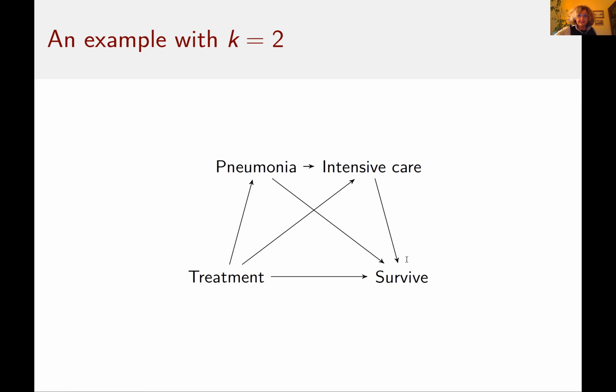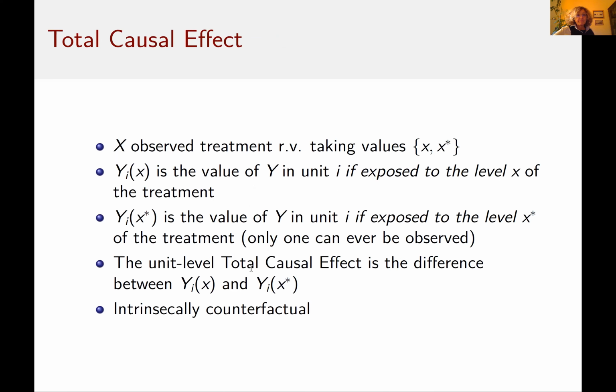So this is a very simple example, much more complicated in reality. Obviously, there are unobserved factors which can influence the decision of going into intensive care and so on. But this is the basic structure of the problem.